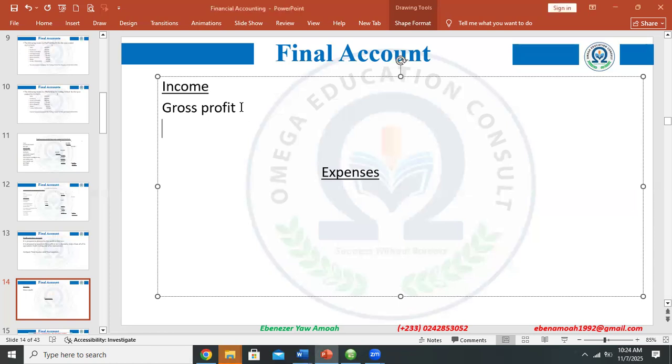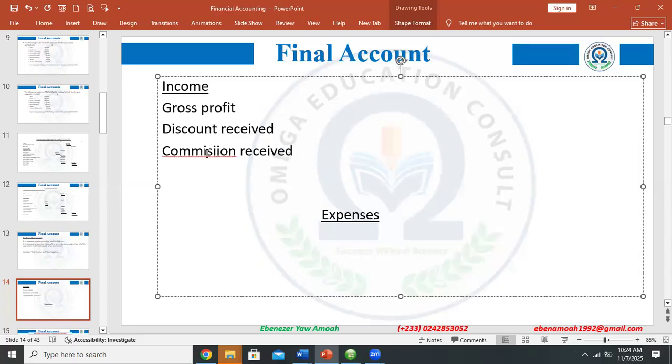So gross profit is one. Then the obvious one is discount received. Discount received. One of the common income you'll be seeing under the sole proprietor or sole trader account. The other one, commission received.